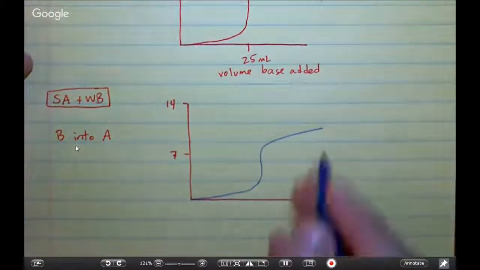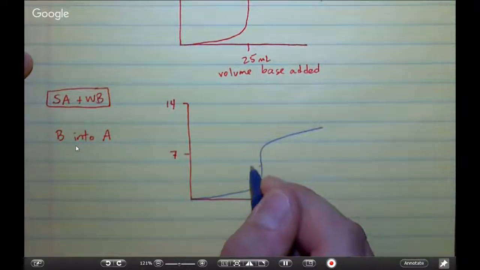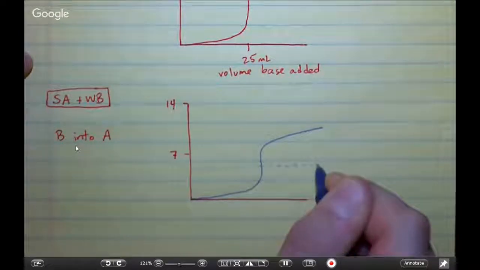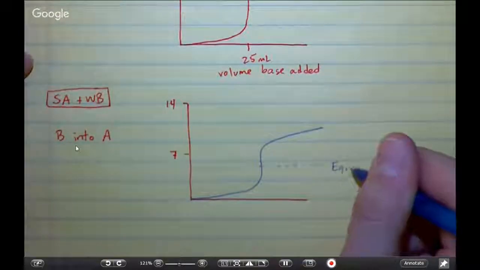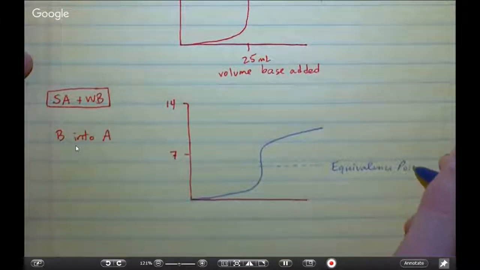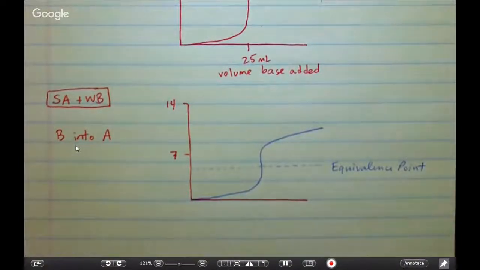The equivalence point, that halfway point, is at a pH that's below 7. So that would match our prediction that the equivalence point should be less than 7 because we have a strong acid and a weak base, so it's slightly acidic.